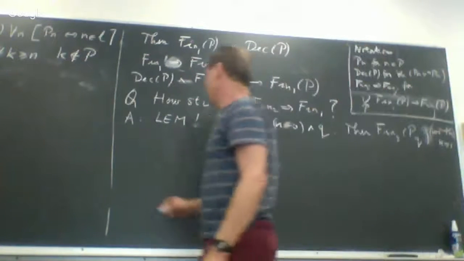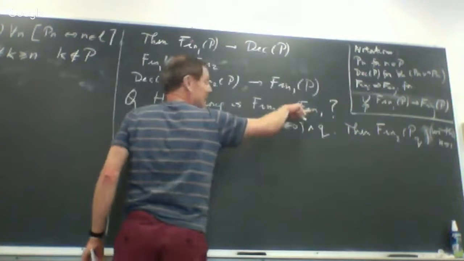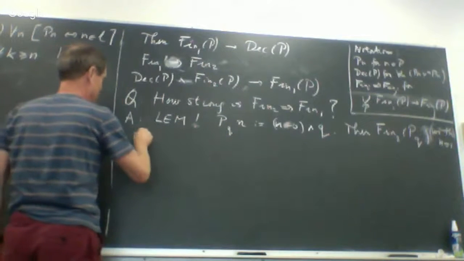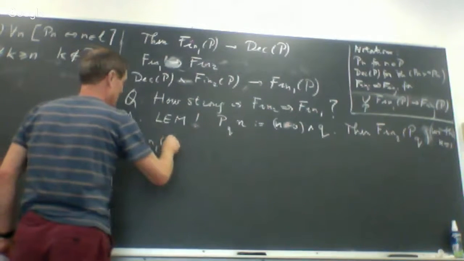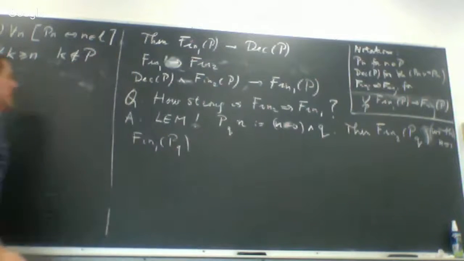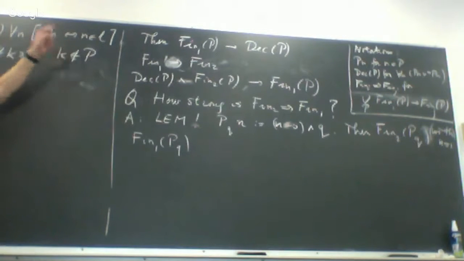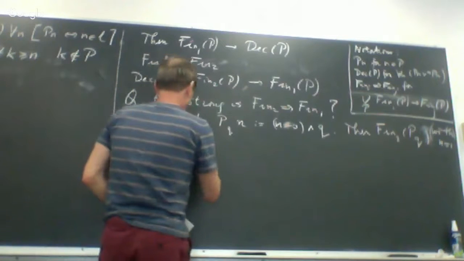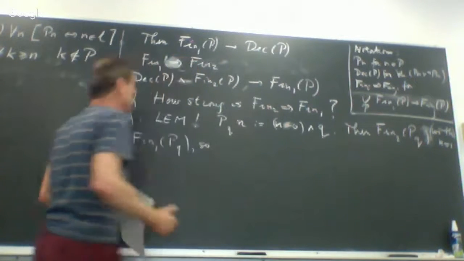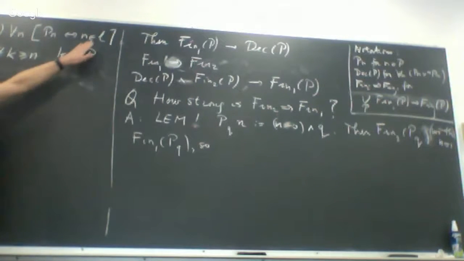And now, if we would have this converse, we would also have fin1 of P_Q. But what does that actually tell us? That means that we have a list enumerating all elements of P_Q. And then we can just test whether 0 is in this list or this list is empty.